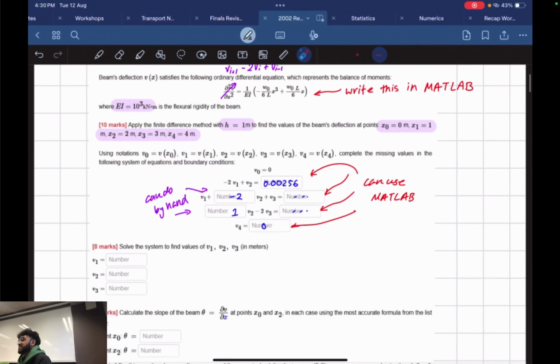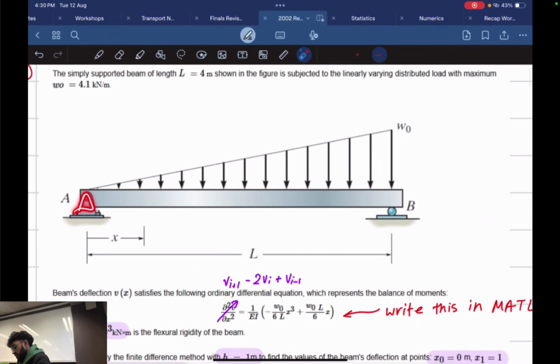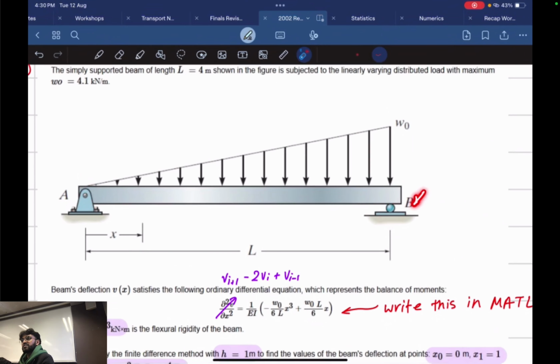Yeah. So if you understand mechanics, then you'll know that it's going to be 0 here no matter what. The deflection at this point is going to be 0, so over here and over here. Because it's a support here, it's going to be 0. But that requires some prerequisite knowledge, which you're not always given.